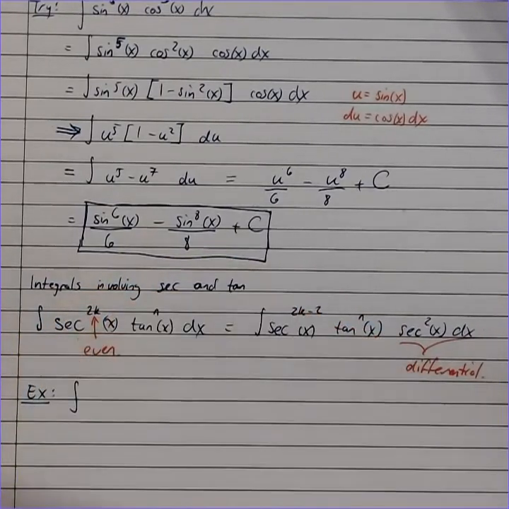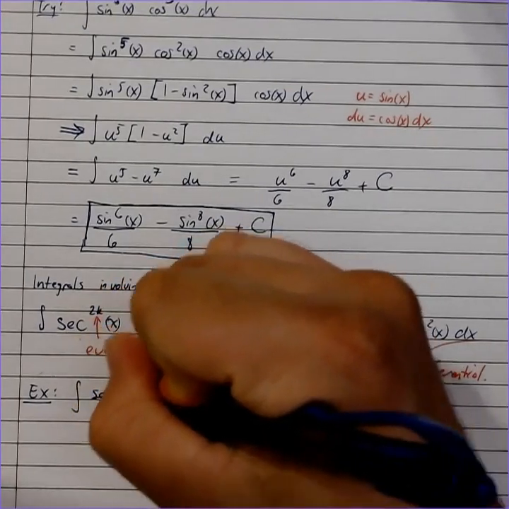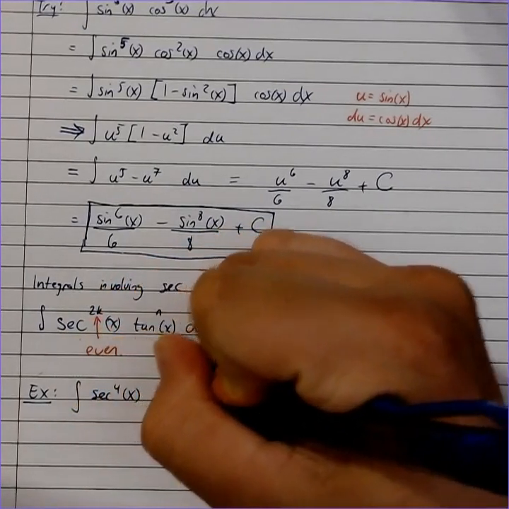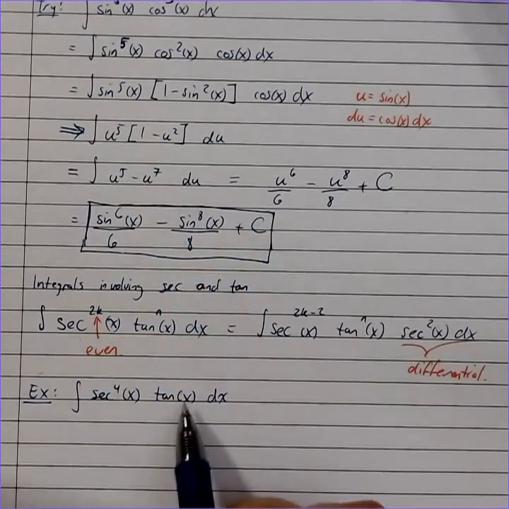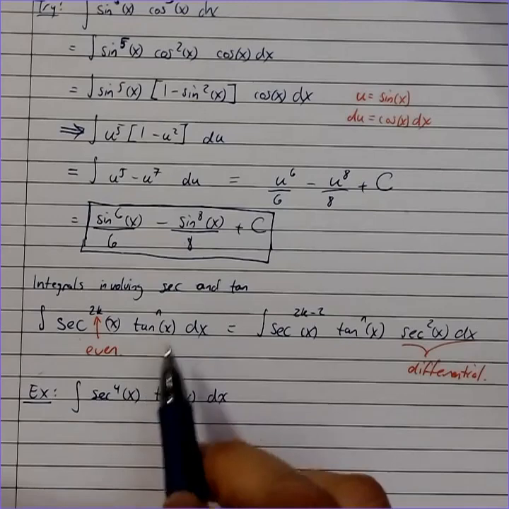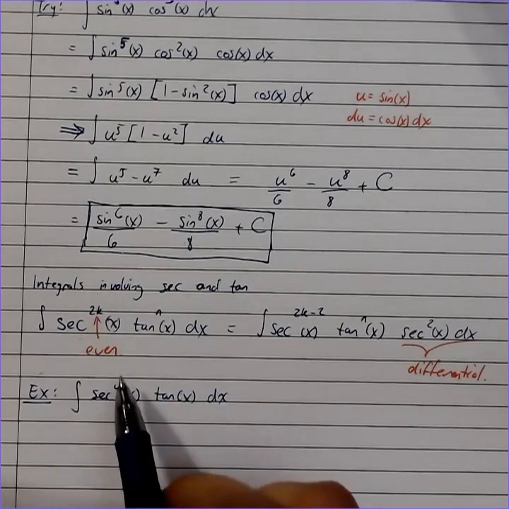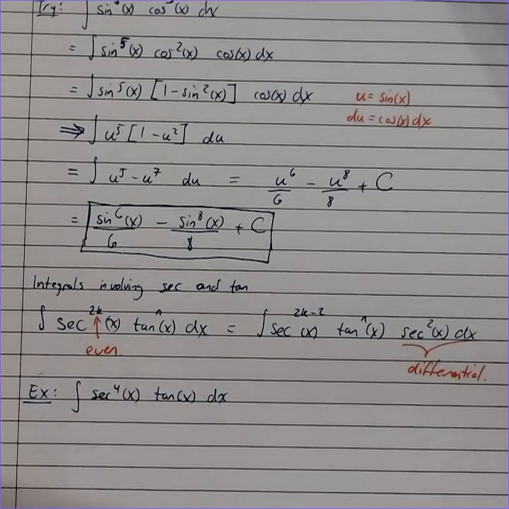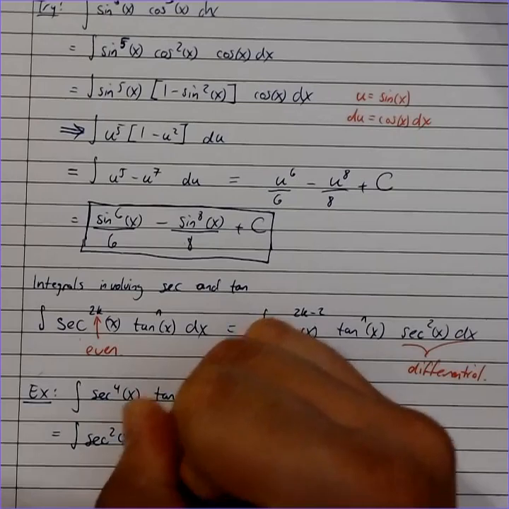Let's say we're integrating secant to the 4th of x, tangent of x dx. So again, it doesn't matter what power tangent is, power 1, power 2, power 10, it makes no difference. Here, this should be even though. And it is. It's power 4. So we're going to rewrite this as the integral of secant to the second of x.